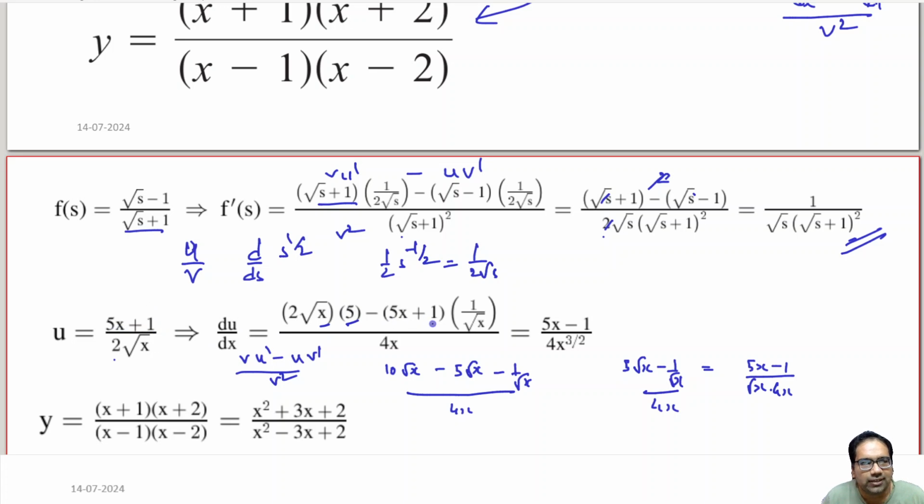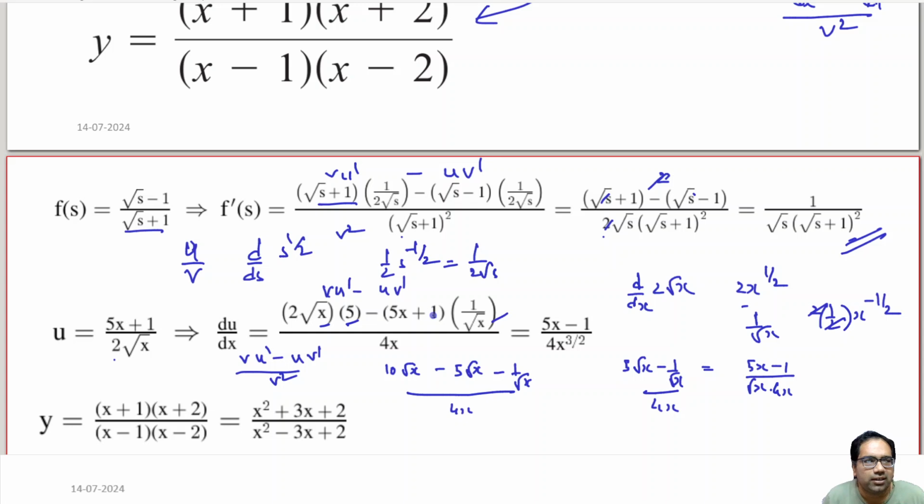Minus u, which is 5x + 1, times the derivative of v, which is 2√x. v' is d/dx of 2√x, which is 2x power half. The derivative of this is 2 into half into x power (half minus 1), which is x power minus half, or 1/√x.